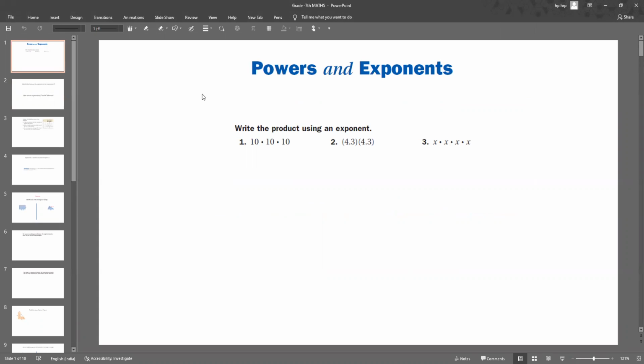Yes, so today in this class, I will ask a few questions on different topics, and I will also explain those questions. First of all, what do you know about power and exponent? Have you any idea about power and exponent? Yes.